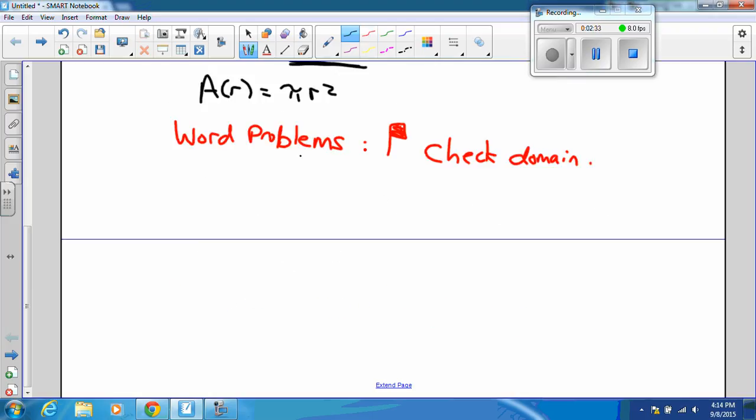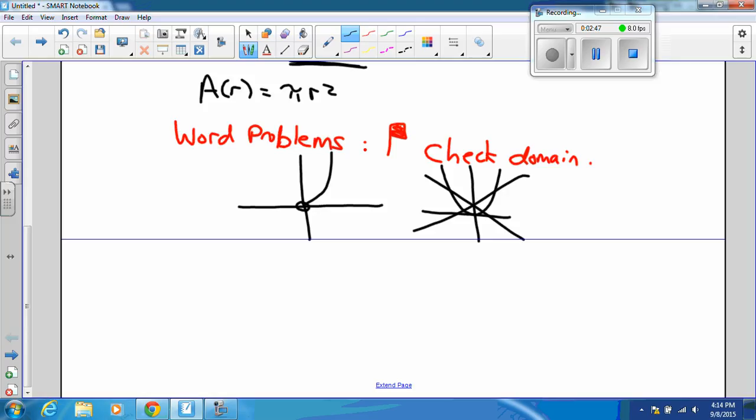So when I sketch A of r, my graph should look like this, and really it should have a hole here at 0. I had a number of people who gave me a graph like this, and of course, that doesn't work because it includes negative radii as part of the domain.